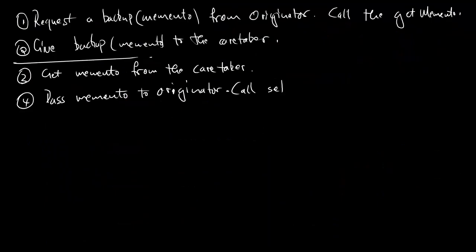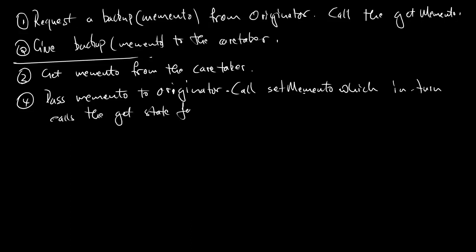Set Memento, or whatever you called this function. In this function, we call the get state, which in turn calls the get state function. So that's basically what's happening in this whole process.